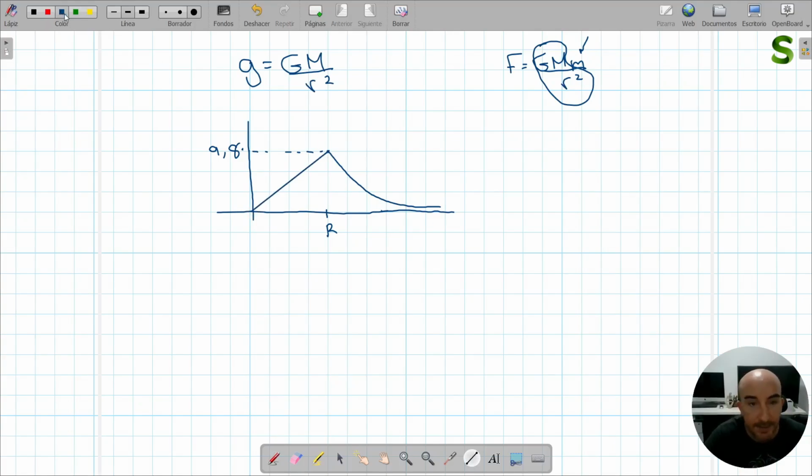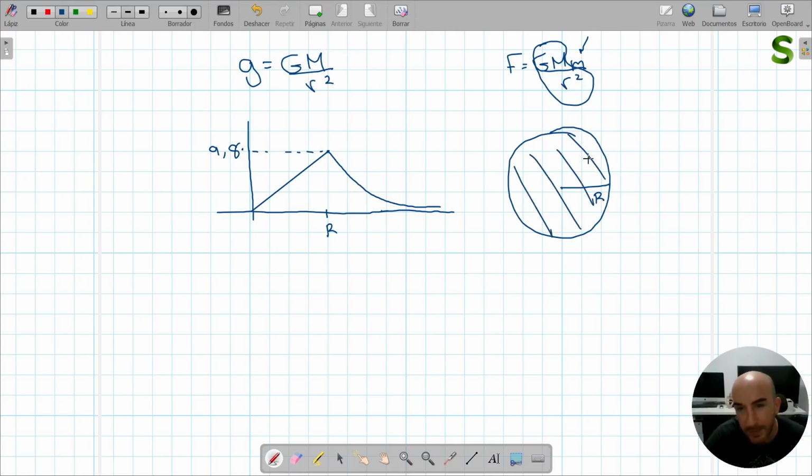The idea is, first of all, to consider that the planet is a sphere and it's got uniform density, okay? So in a sphere of uniform density, if this is r, outside the mass that we have to consider, the capital M, the mass of the planet, is the whole mass of the planet.